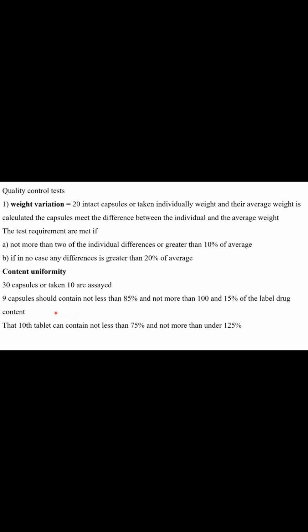The acceptance criteria: out of 10 capsules, 9 should contain between 85% and 115% of the label stated drug content, and the 10th capsule can be between 75% and 125% of the labeled drug content. These ensure that each capsule contains the proper amount of the active drug and that variations are within acceptable limits.